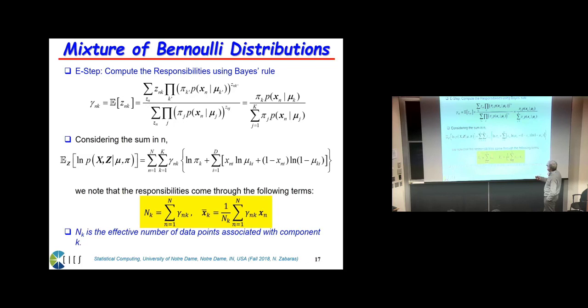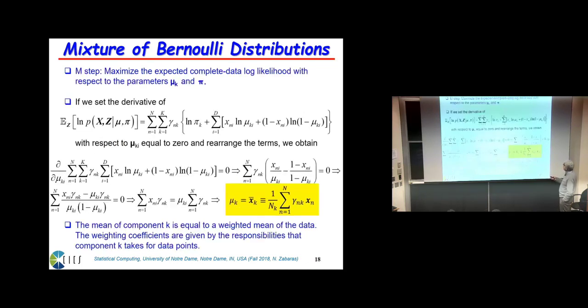Okay, so let me see if we have the formula for the mu's. When you take derivatives, the vector mu comes out almost identical to what we had for the means of the Gaussians, right?